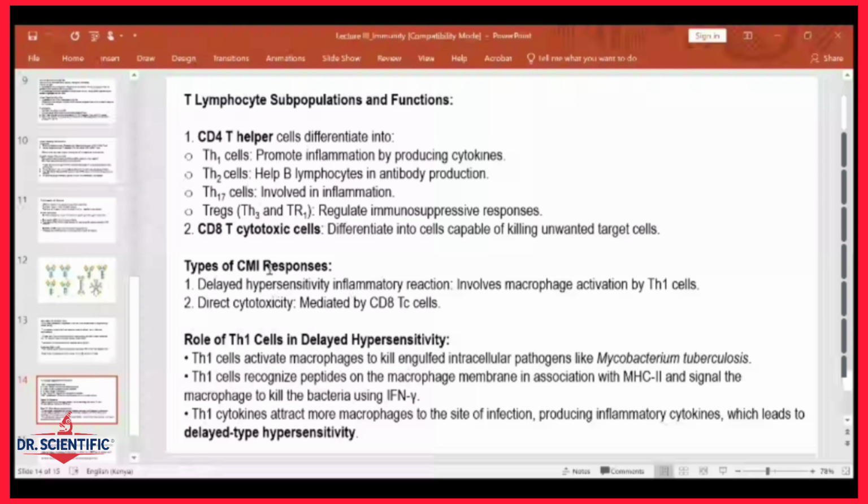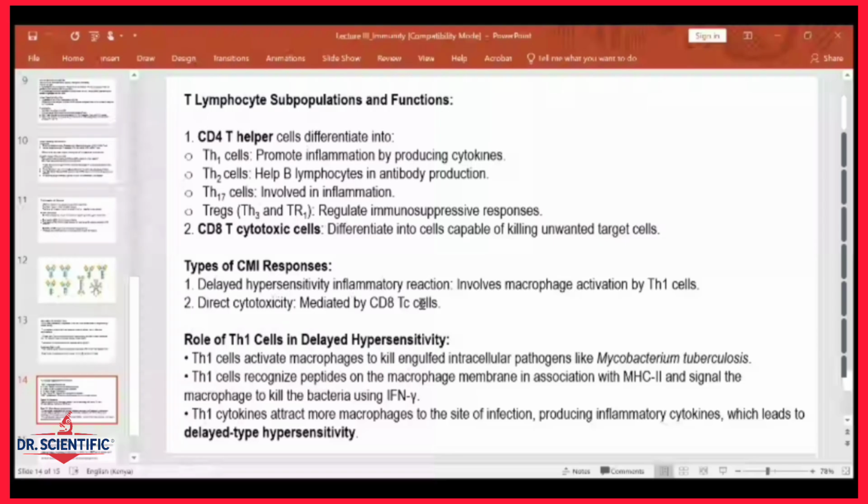Delayed hypersensitivity is run by Th1 cells. Direct cytotoxicity is mediated by CD8 T cells. We say we have two types of CD8, TC1 and TC2. TC1 behaves like Th1 and TC2 behaves like Th2.